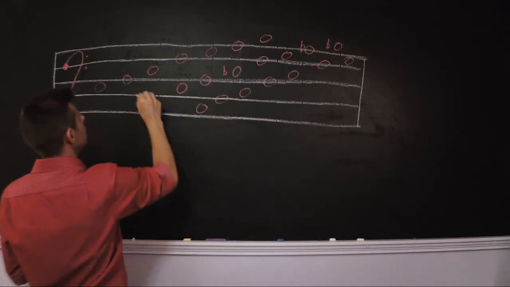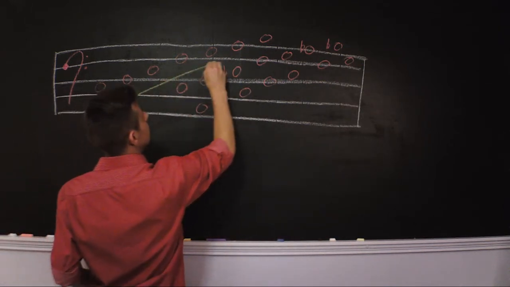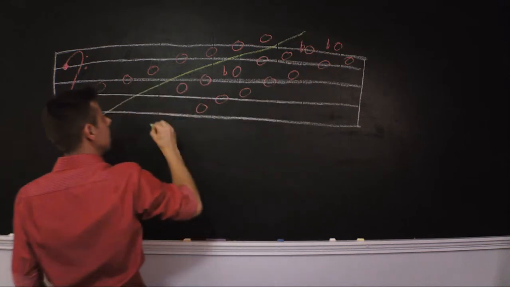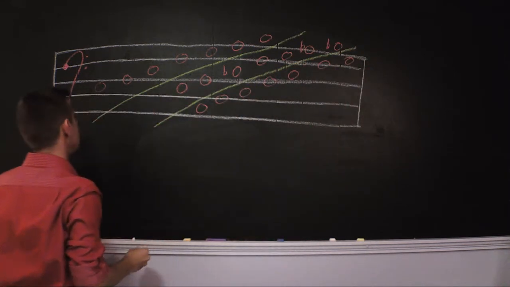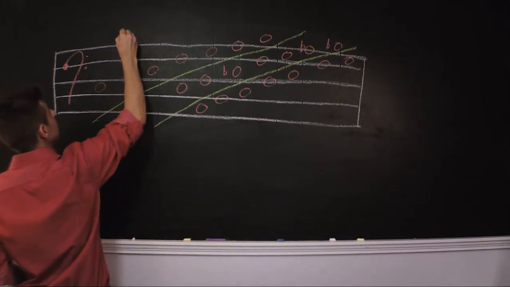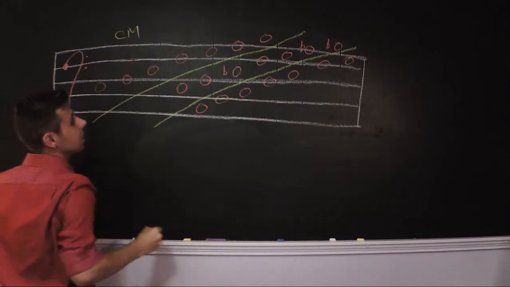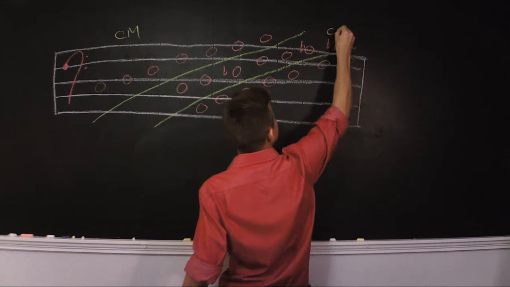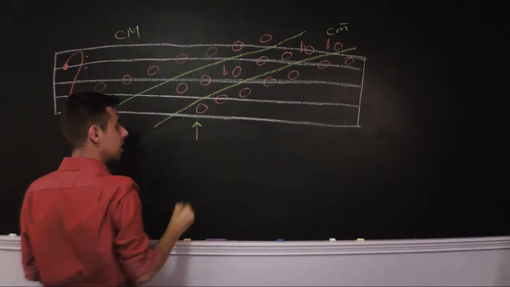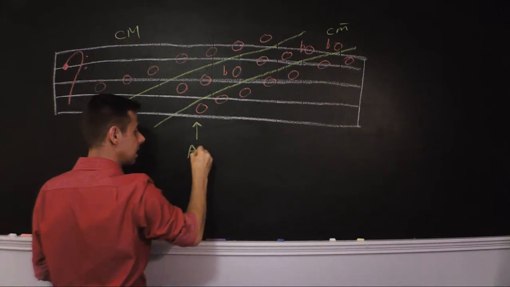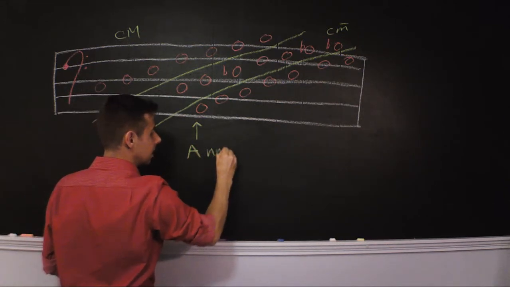And I'll just put in these little dividers. So this is C major, this is C minor, and as it turns out, this is A natural minor.